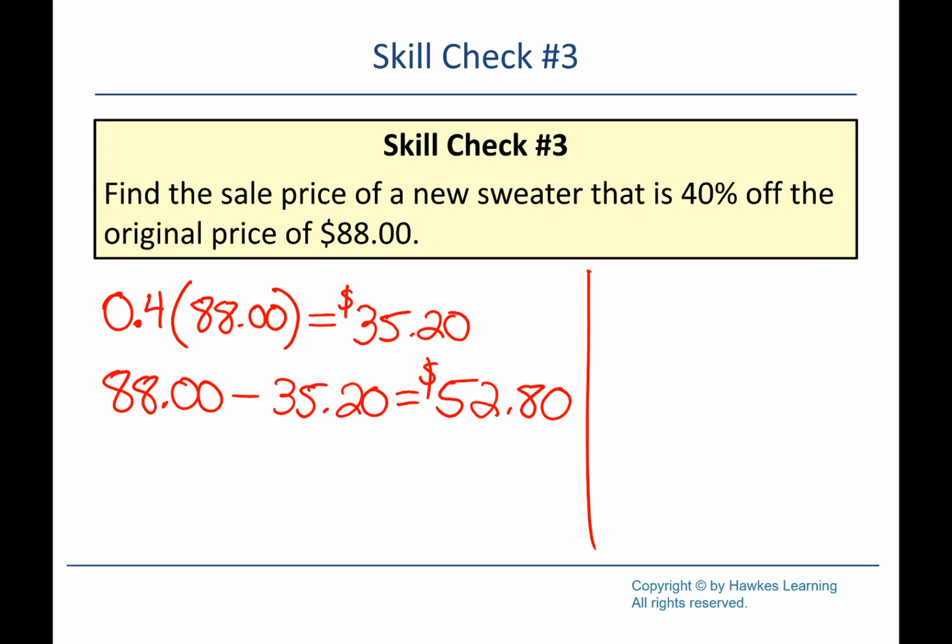We start with 100% minus 40%, so what percentage are we left with? 60. So if we want to figure out our sell price, we can do it really quickly. Okay? It's just 0.6 times 88. Get there. Yeah, same thing.